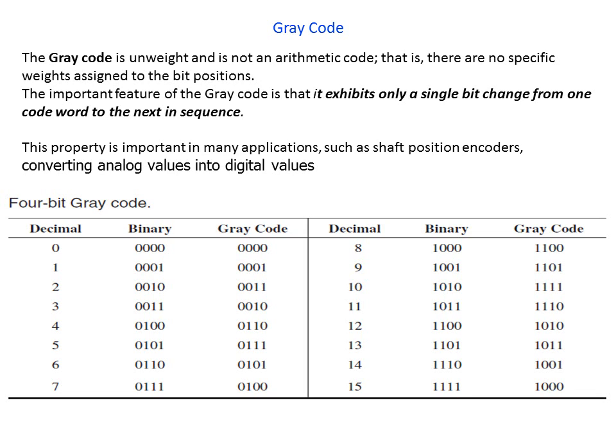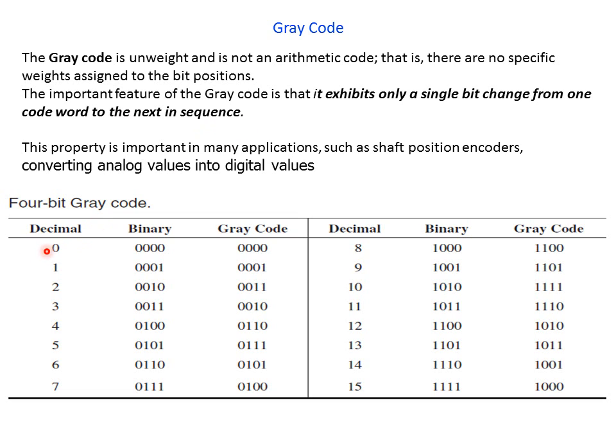What is Gray code? Gray code is unweighted and is not an alphanumeric code or arithmetic code. That is, there are no specific weights assigned to the bit positions. The important feature of Gray code is that it exhibits only a single bit change from one code word to the next in the sequence.